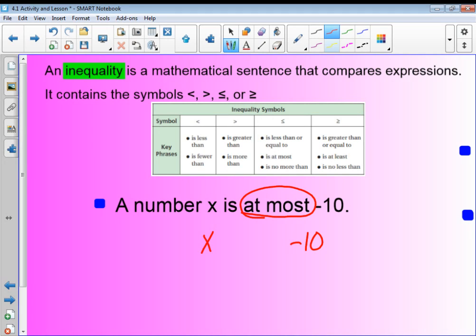Could it be negative 10? Yes, because it's at most negative 10, so negative 10 could be the biggest number, and X has to be smaller than that. Negative 10 would have to be the bigger number, and since it's at most, it could include negative 10. So that's the symbol we're using.